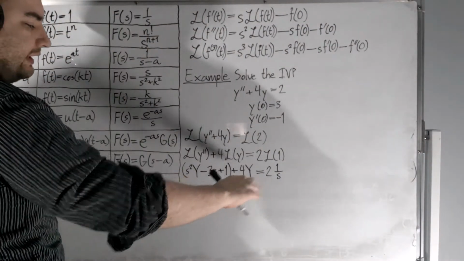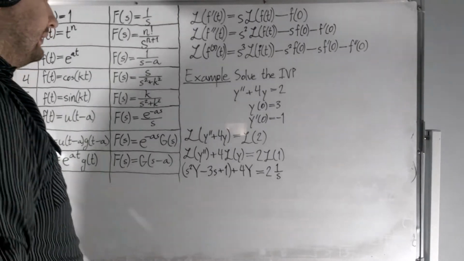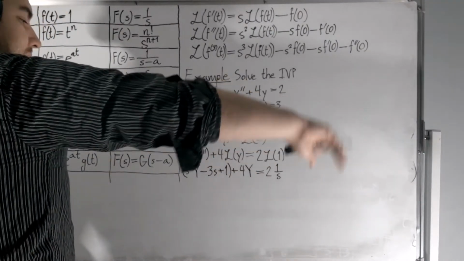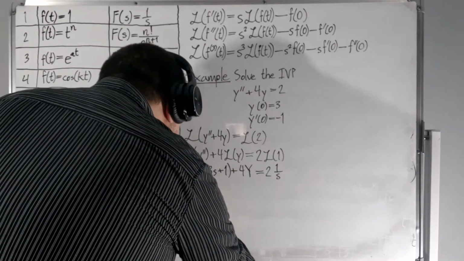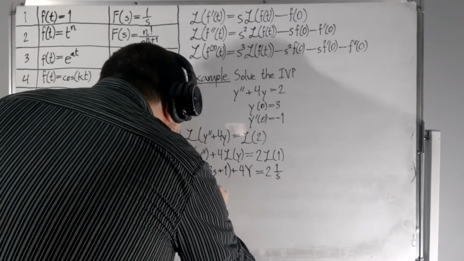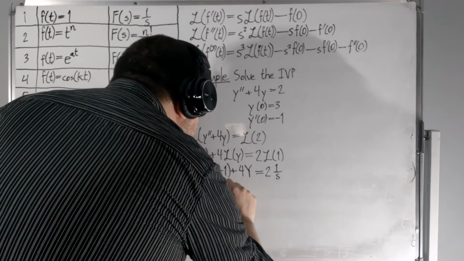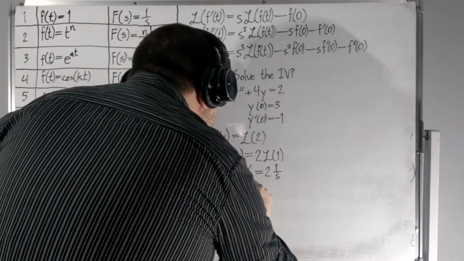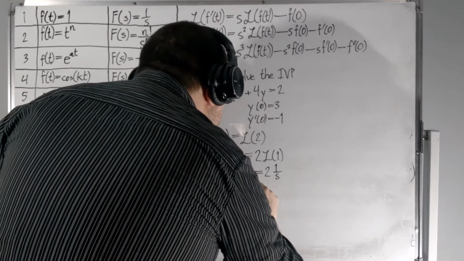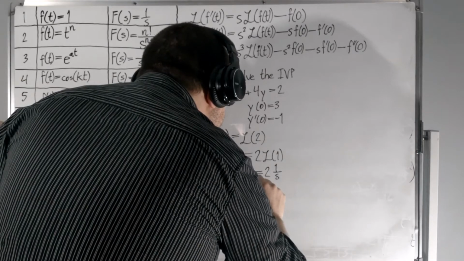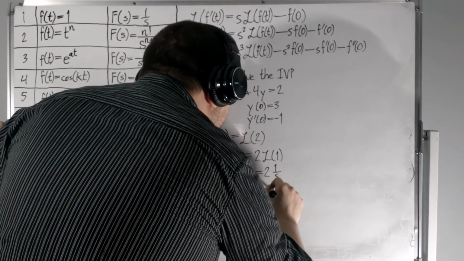So now let's notice that we can factor a y out of the left-hand side and move everything else over to the right-hand side. So we're going to write s squared y plus 4y equals 2 over s plus 3s minus 1.